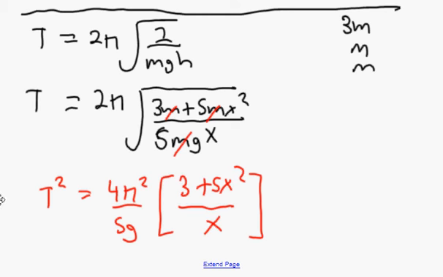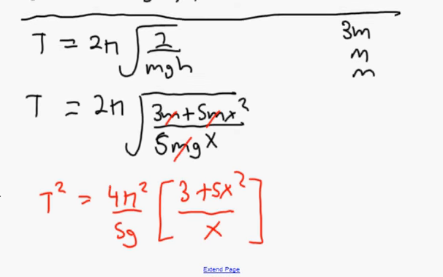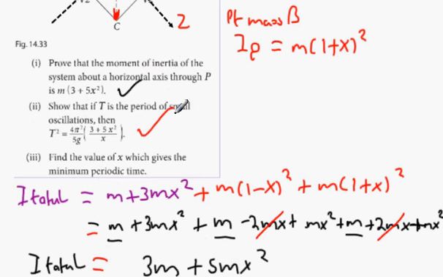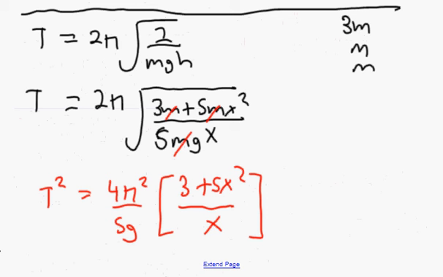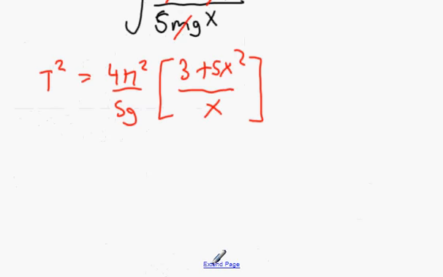What we're going to be looking at next is: find the value of x which gives the minimum periodic time. Now, in a test, what I'd be doing in your shoes is sometimes just get the x value. In some of the marking schemes, the second derivative doesn't really come up.